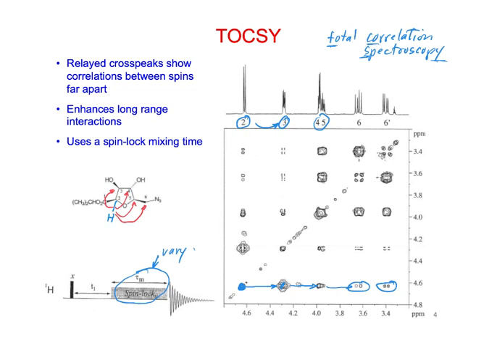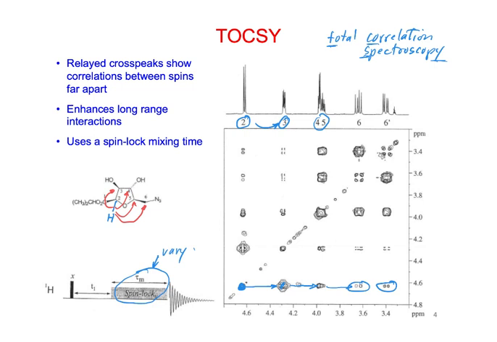Right? So you might think in this case, what good is this? Because it essentially shows everything coupling to everything else. But what you can oftentimes do is you can run a series of experiments where you're increasing the length of this spin lock. And so as you increase the spin lock, they're going to propagate further and further.